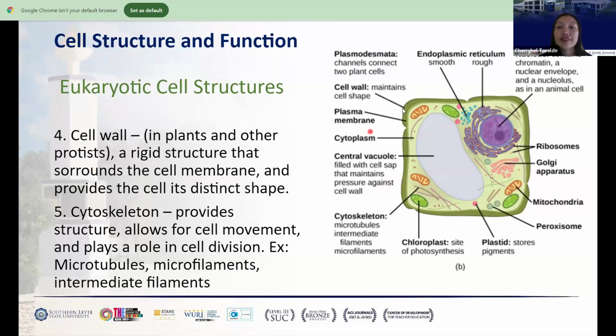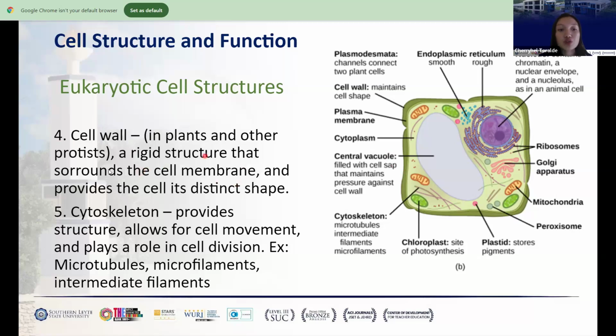Okay. And then this diagram that I have shown you is actually already a plant cell. So what makes it different from an animal cell? It's because it has a cell wall. This one, the green ones. So aside from the cell membrane, if we go outside, it has a cell wall.